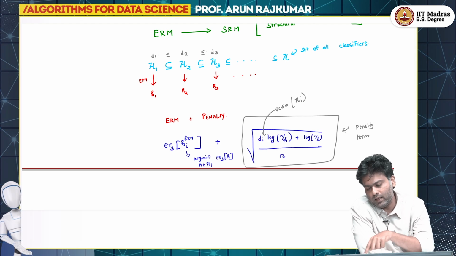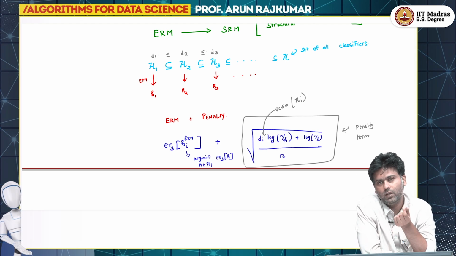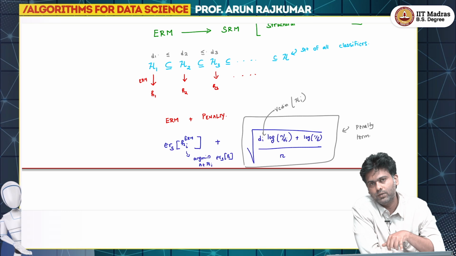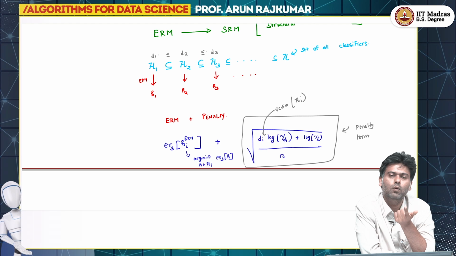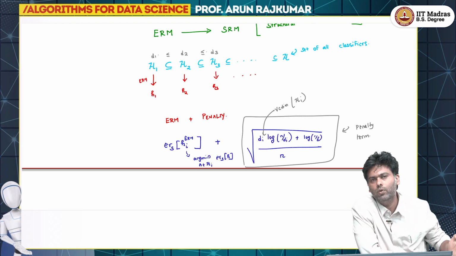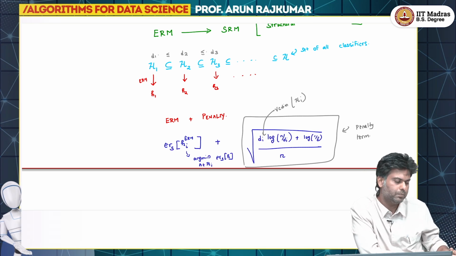The second term depends only on the VC dimension of H1; n and delta are fixed for all the H's. So I can compute this value for H1. Next I run the algorithm again, doing ERM with respect to H2, get small h2, and compute this again. Over all of these, I find the ERM with respect to whatever H_k minimizes this quantity.